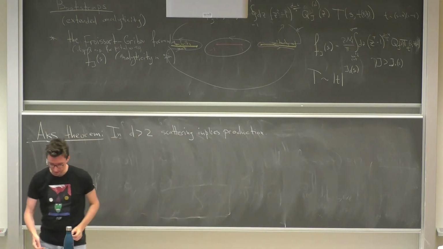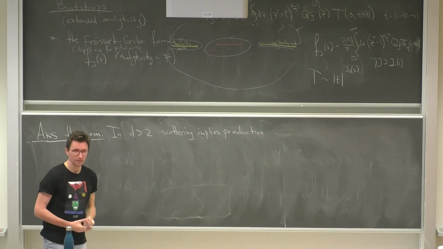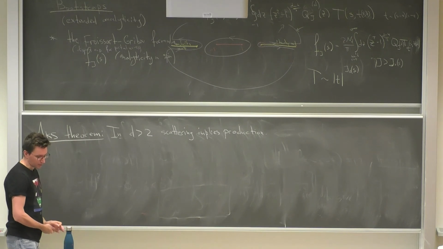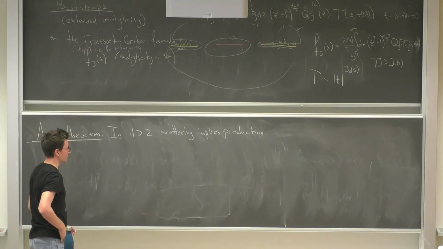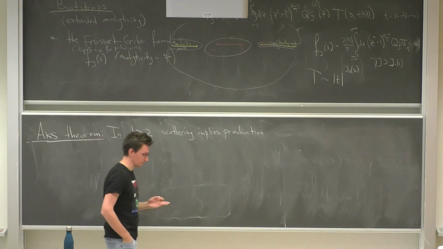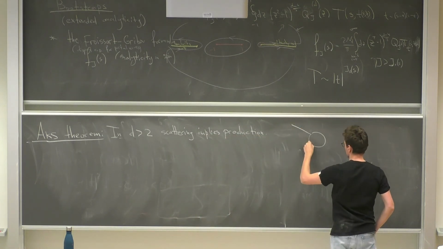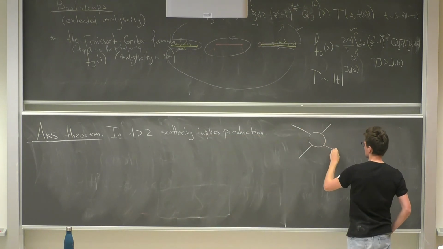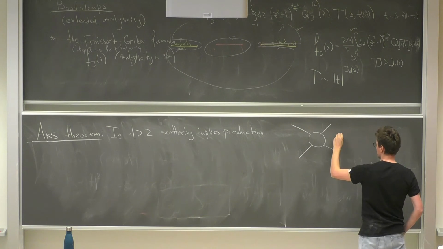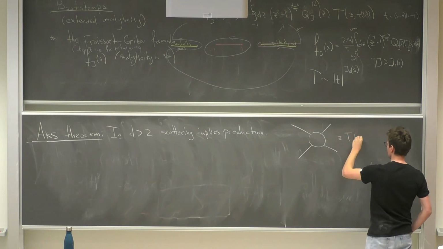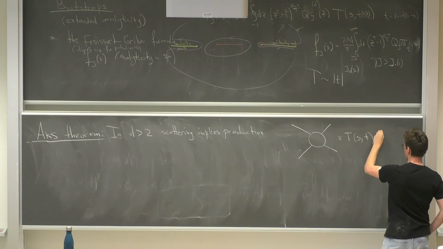So what do I mean by scattering? Well, let's say we have a theory, we have particles, and we have an amplitude which is 2 to 2, and this T of S and T is non-zero.